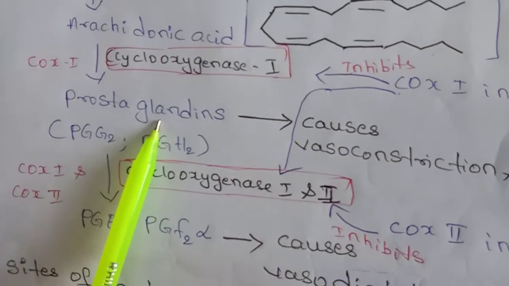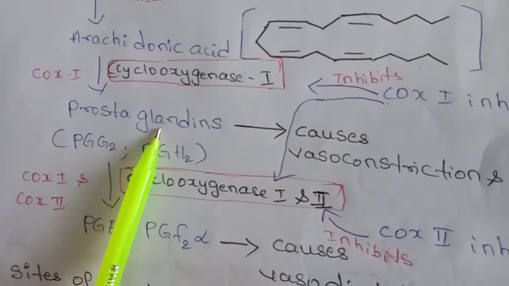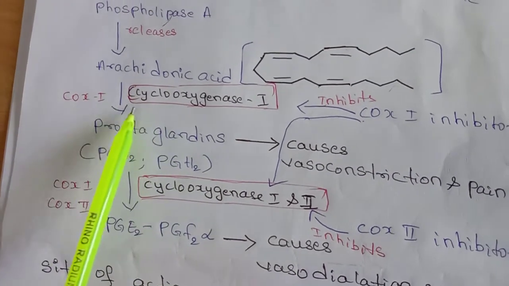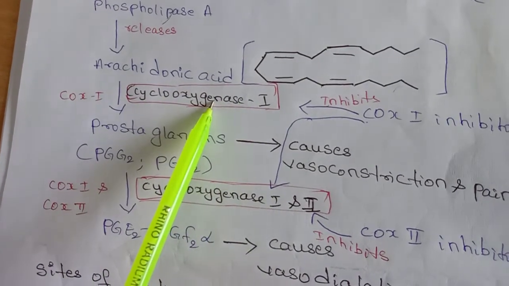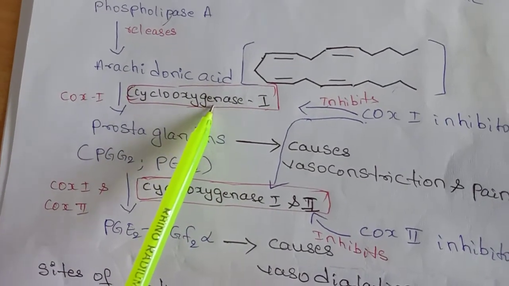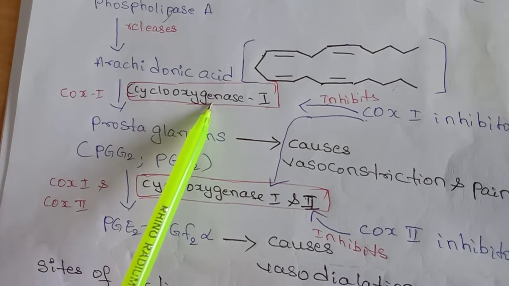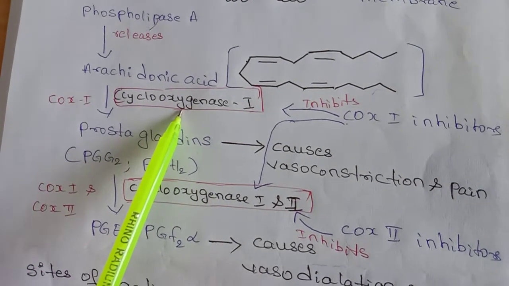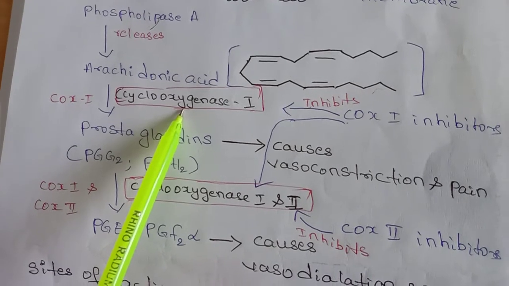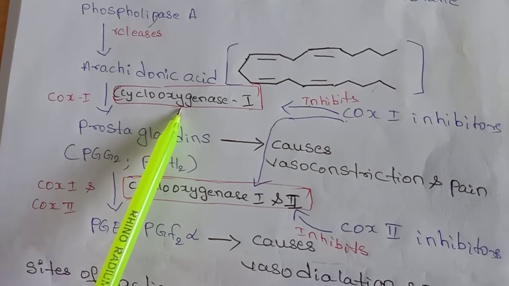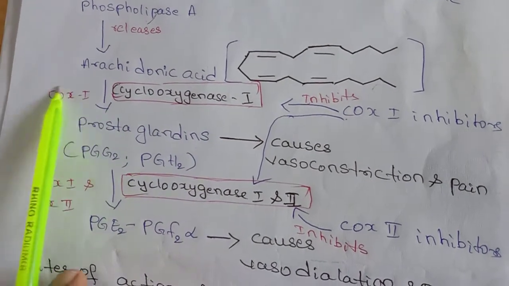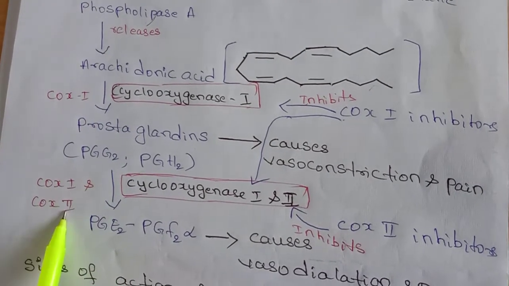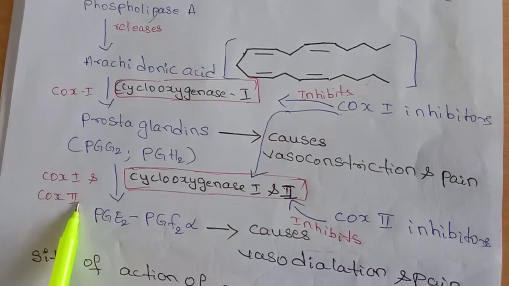Prostaglandins are biosynthesized by the enzyme cyclooxygenase, which is also called prostaglandin synthase. Cyclooxygenase exists in two isomeric forms, cyclooxygenase 1 and cyclooxygenase 2.